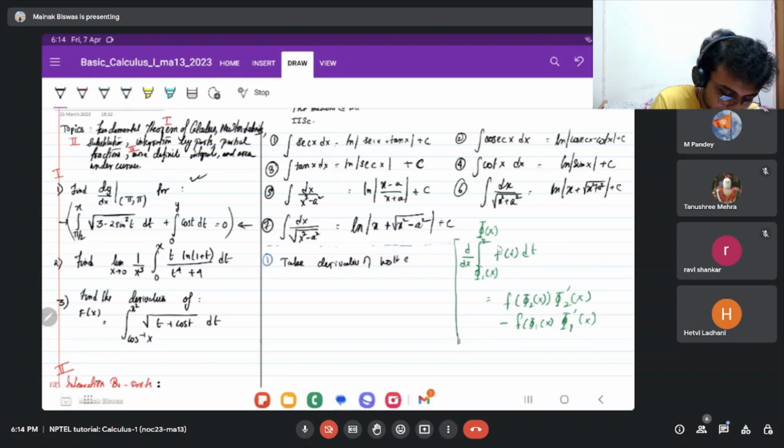On both sides, what you end up with is you just put the value of the top function into the inner function. You will have 1 over 3 minus 2 sine square x, right?